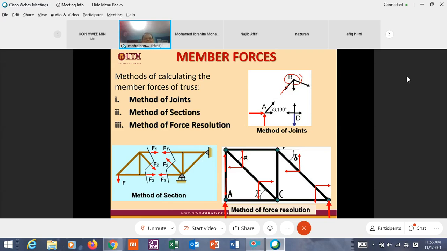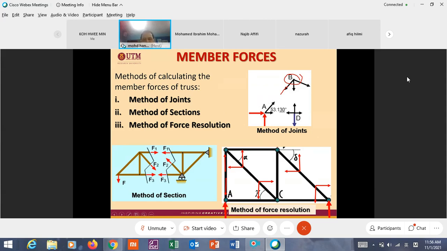Okay. Member forces. We have another 1 hour. There are 3 methods to calculate member forces of truss. Method of joint. You have also learned in first year method of joint, for the simple, for the two member or for the cable.